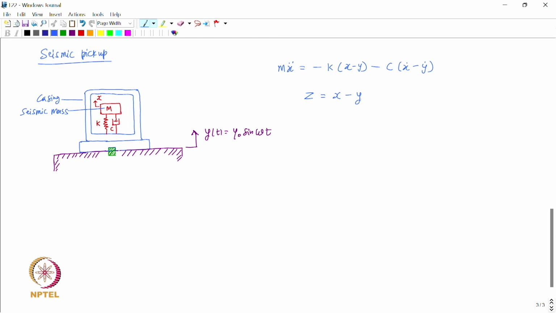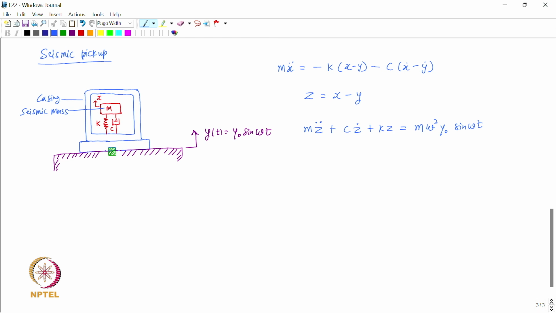So, if we substitute this relative displacement z into the equation of motion and we simplify it, we basically end up with this equation: m z double dot plus c z dot plus k z is equal to m omega square y naught sin omega t. So, this is the equation we get.